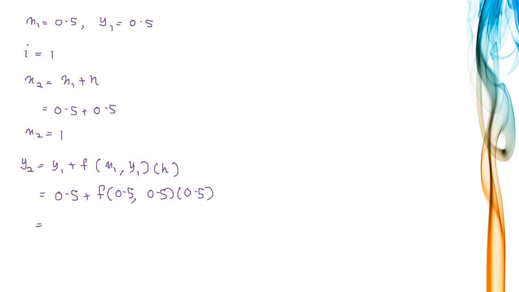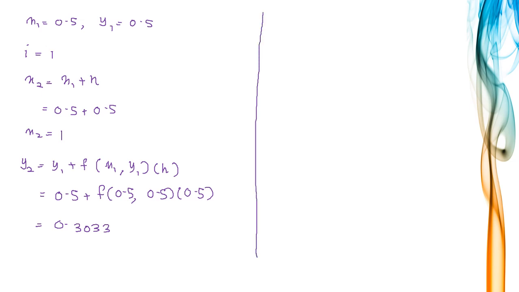So just substitute 0.5 for x and 0.5 for y into our f, and we got the value for y2 is equal to 0.3033. Okay, so you just need to continue the calculation with the same formula.